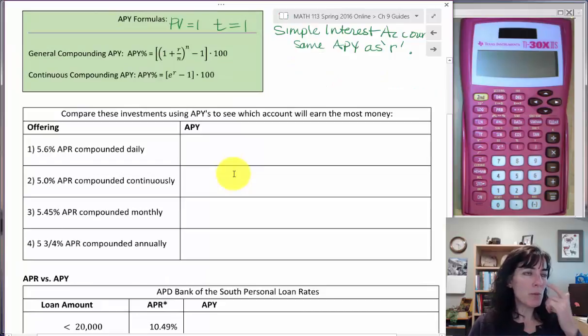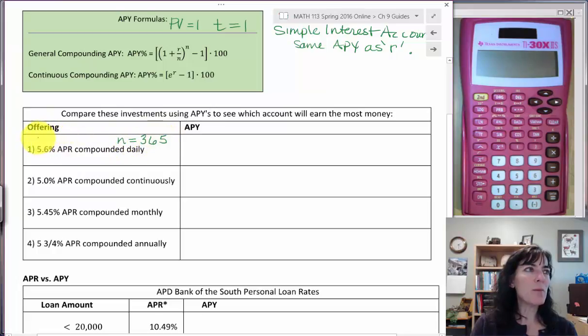Let's take a look. Compare these investments using APYs to see which account will earn the most money. The first one I'll do with you, and then I want you to try a few and then compare your answers to mine. So we have 5.6% APR, so the R, remember that's a rate, compounded daily. Daily means my N has to be 365.